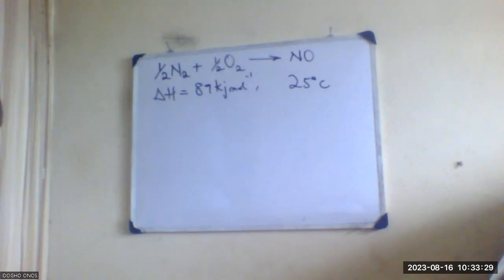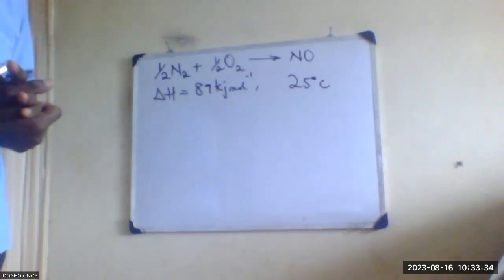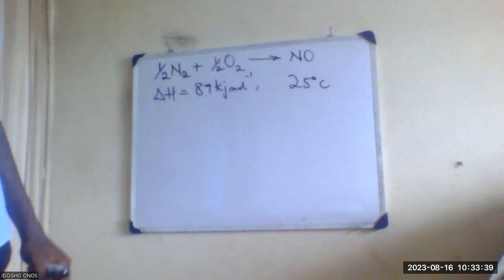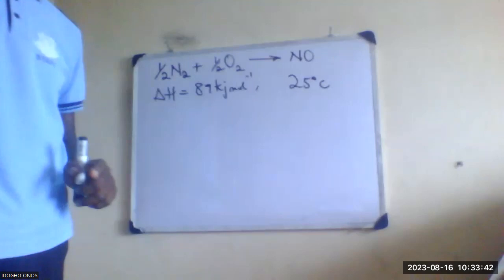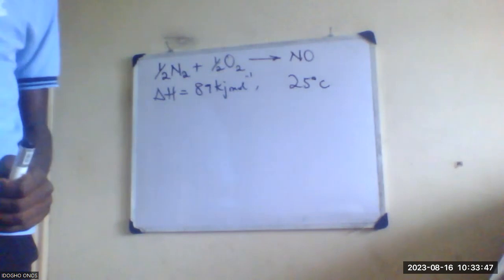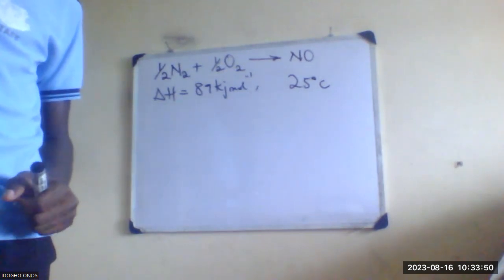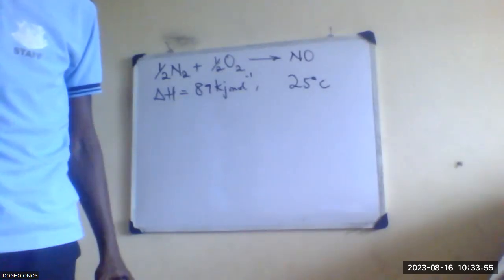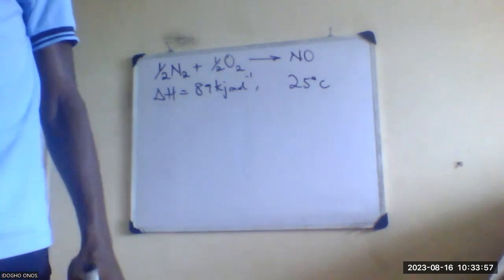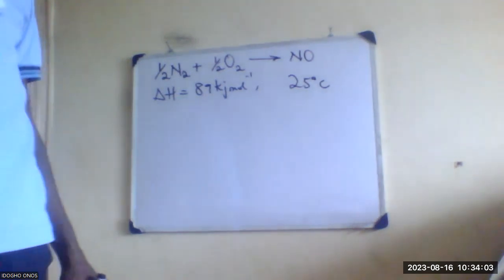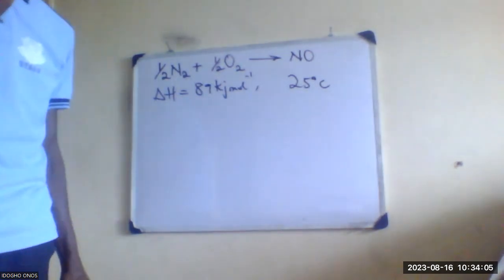A: Calculate the change in free energy. B: State whether the reaction above at 25 degrees Celsius is spontaneous, non-spontaneous, or at equilibrium.